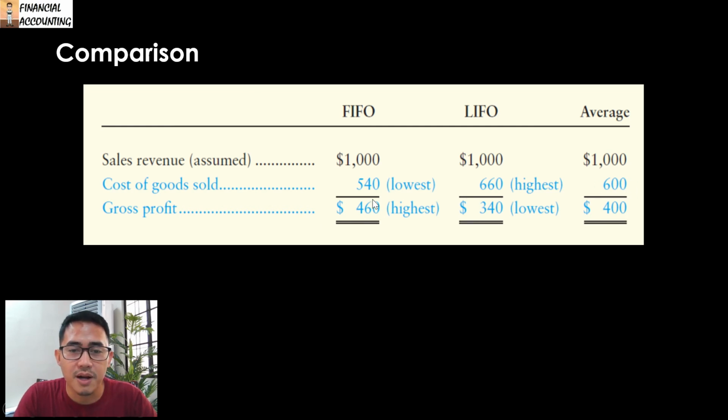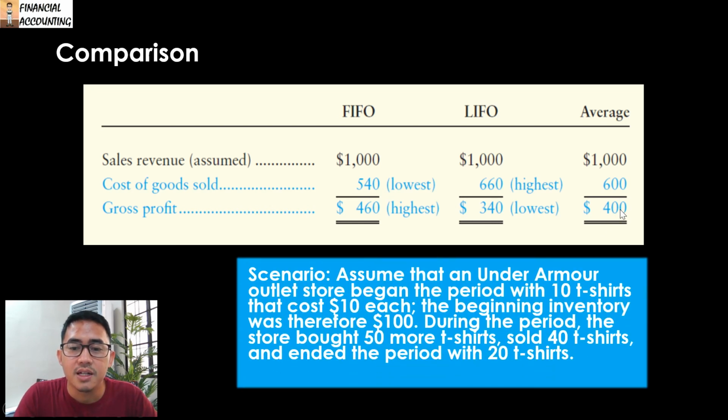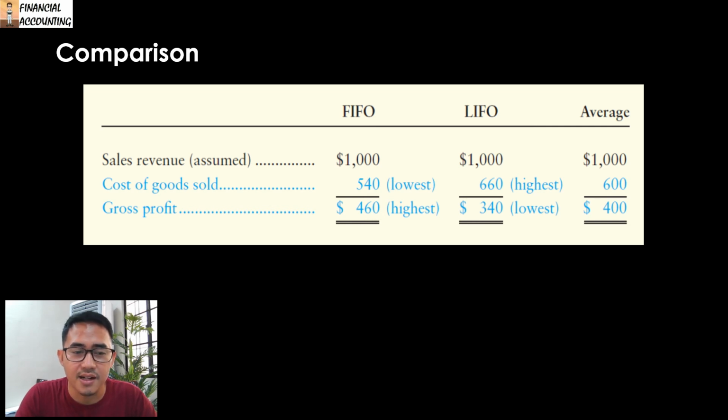We have here the gross profit, which is sales minus cost of goods sold. For FIFO, we have $460. LIFO, we have $340. And average, we have $340. Okay, so $400, sorry.